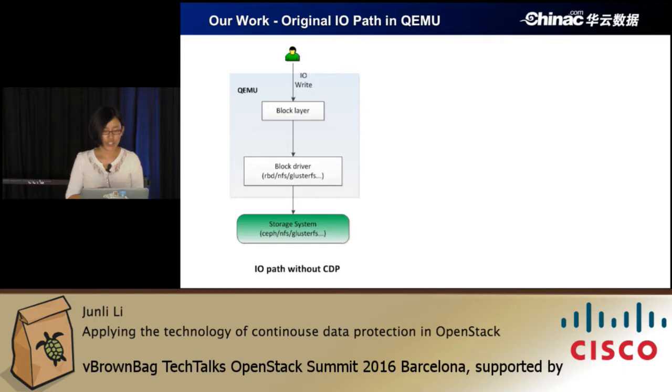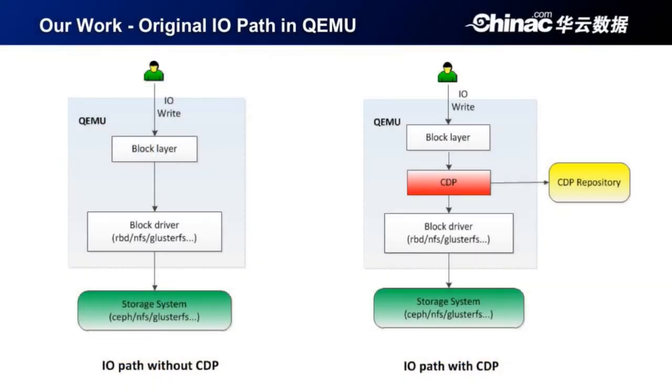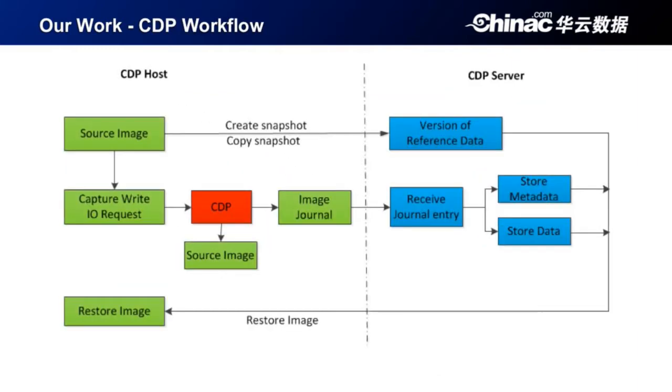Okay, this picture is the original IO path in QEMU. When a write request comes, it will be streamed into the storage system through the block driver. And after adding the CDP module, it will also be streamed into the CDP repository concurrently. This picture will give the detail of the CDP workflow.